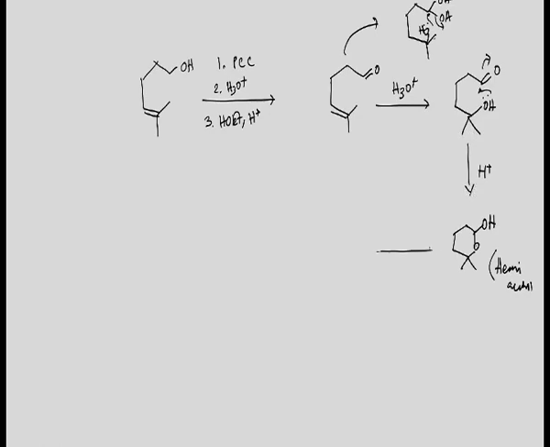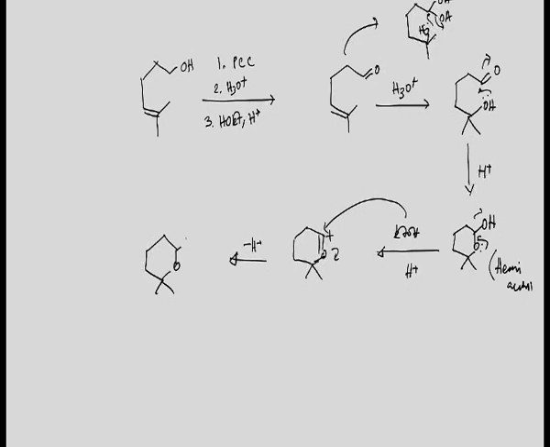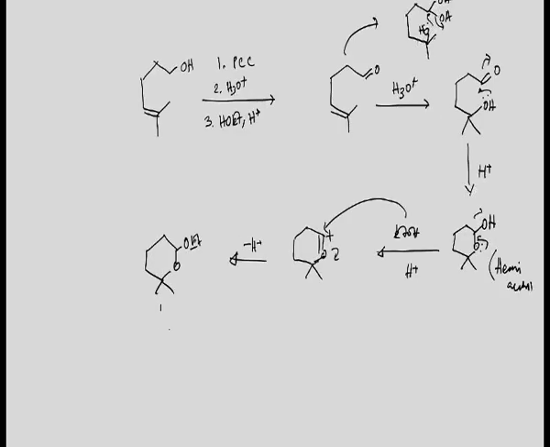And now, if you put ethanol and H plus, in acidic condition the water will eliminate and you get this one. So, water will eliminate and then ethanol will react. So, this is the acetal.